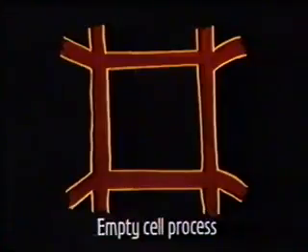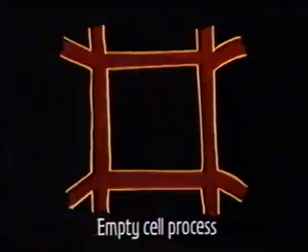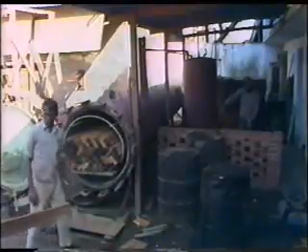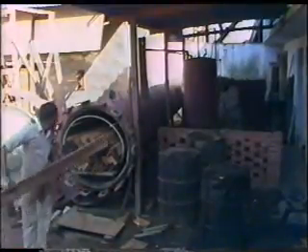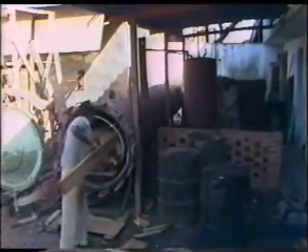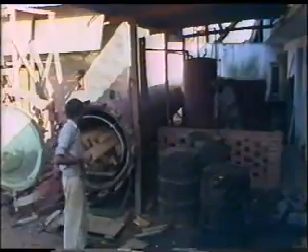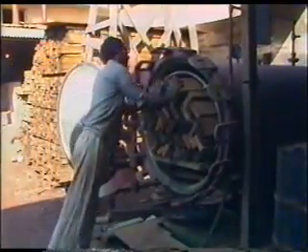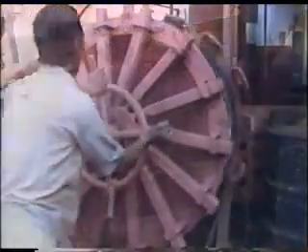In the empty cell process, the cell cavities are emptied finally by applying a vacuum. The timber pieces are stacked in a pressure cylinder. The cylinder door is then closed.